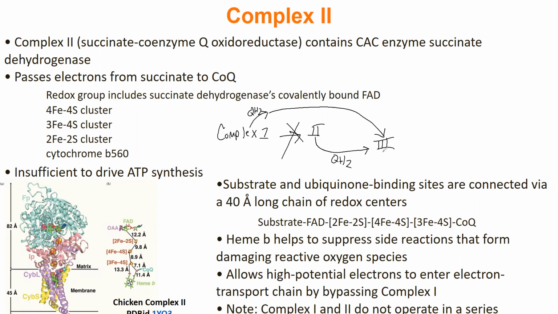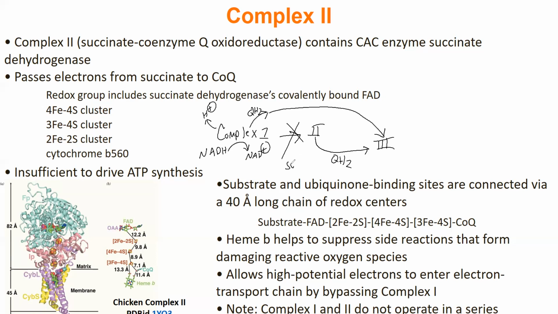So the question is then, why do we have two different complexes that seem to be doing the same thing? And that's because they have different substrates. Complex 1 is getting fed in NADH to make NAD+. And by doing that, they can pump out hydrogens.